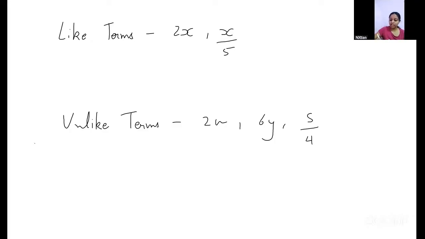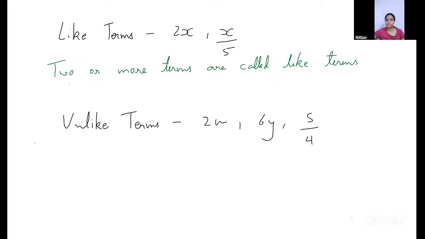Okay. Now, you can write down the definition of like terms and unlike terms. Two or more terms are called like terms if their variable is same. Number can be different, but variable is same, whatsoever their coefficients may be.